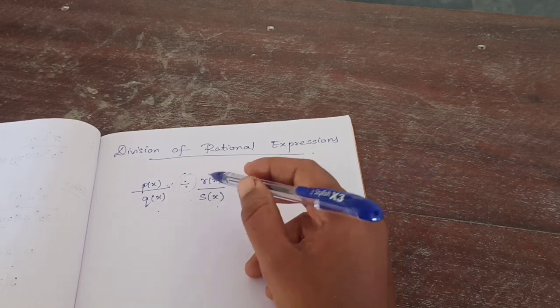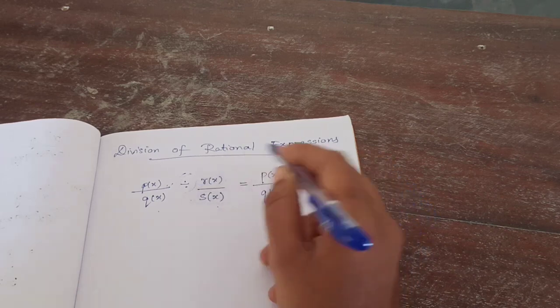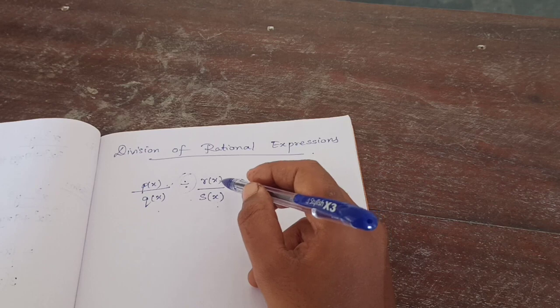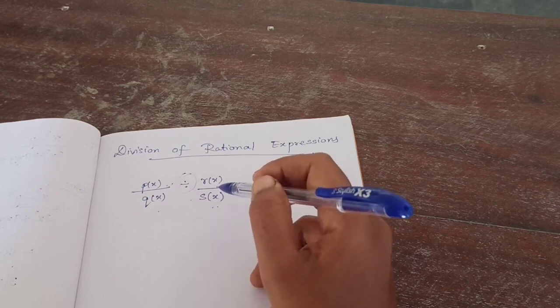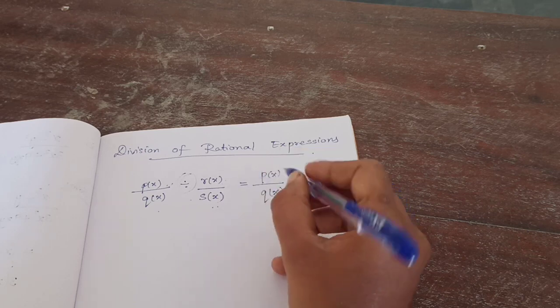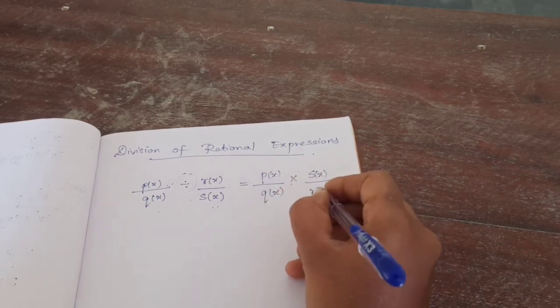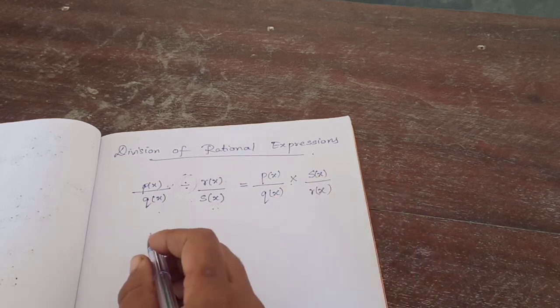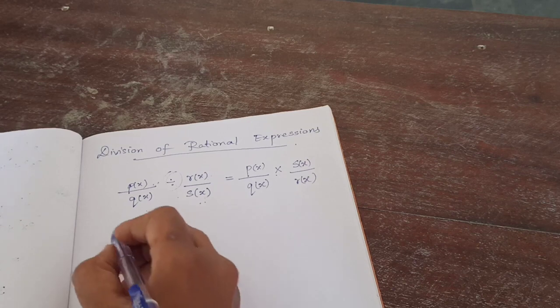So you should change the position of this. When we change the sign, division into multiplication, you should change the second term. You want to take the reciprocal of the second term. That means s of x divided by r of x. Just I am giving an example, then you will get a better idea.